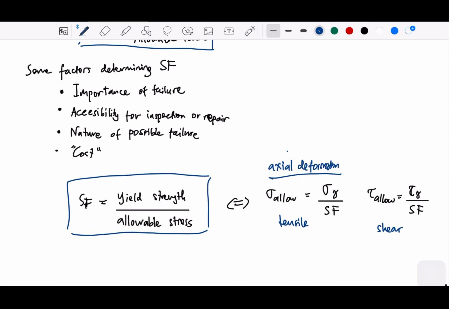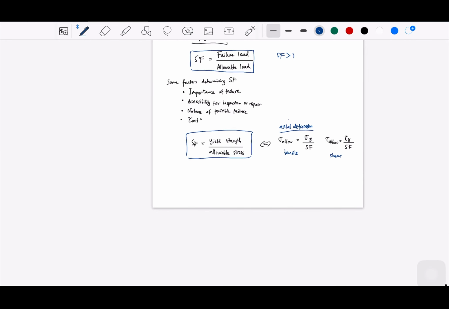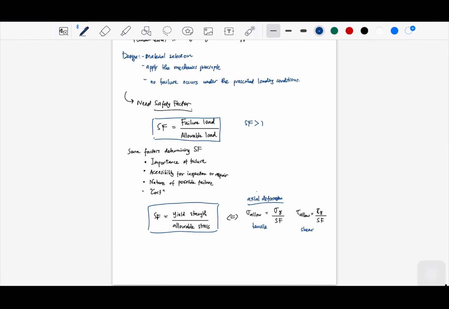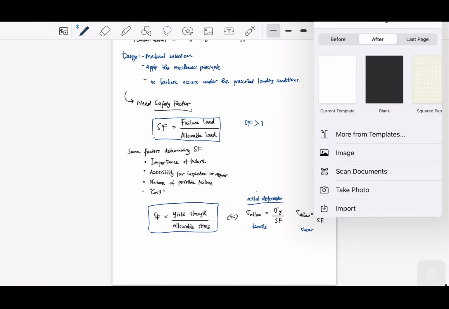I think we can have an example. Let me draw some example for the safety factor. What kind of questions do we have? Let me quickly draw.